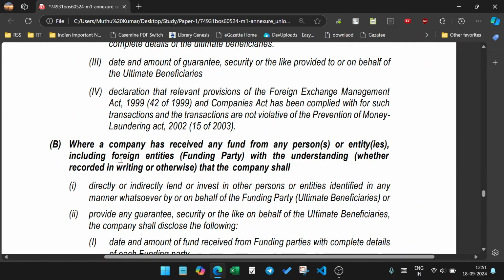Declaration that the relevant provisions of the Foreign Exchange Management Act 1999 and the Companies Act have been complied with for these transactions, and that the transactions are not violative of the Prevention of Money Laundering Act 2002.